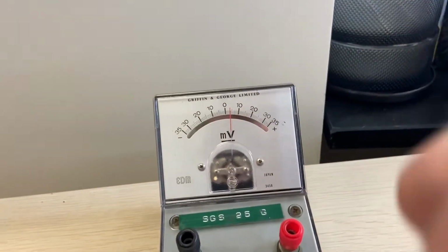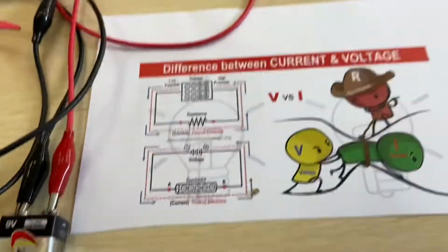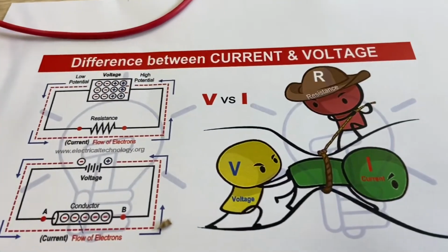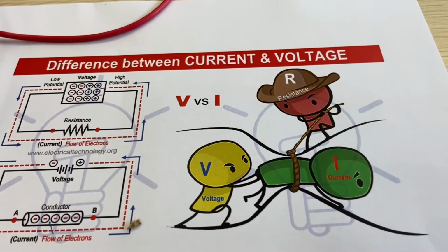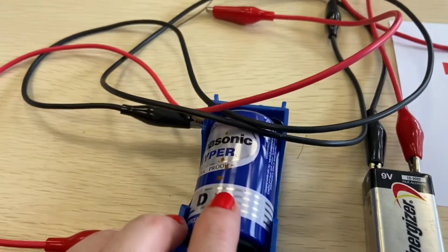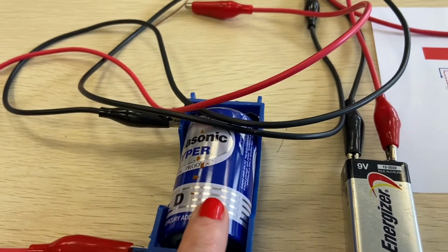But on your lab sheet you can think a little bit about the differences of the volts on the batteries, and here's a lovely little diagram that I found of voltage. It's a force basically that pushes the current along. So the applications for these two batteries, this one has 1.5 volts.